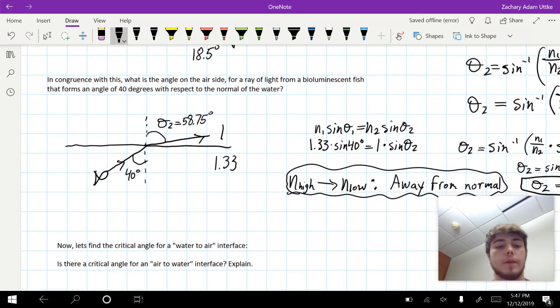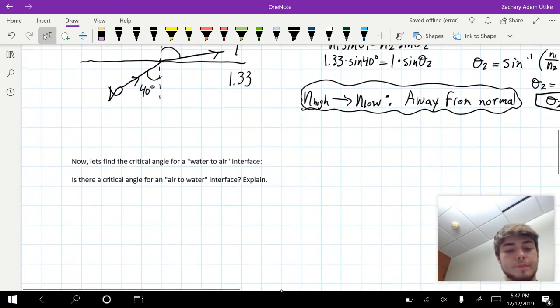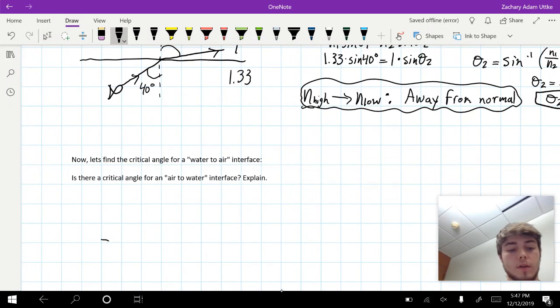So with this in mind, there's something kind of cool that happens, and it's that we can figure out what the critical angle is. So for the water to air interface that we've been using, let's figure out what the critical angle is. And I'll explain what a critical angle is in just a minute.